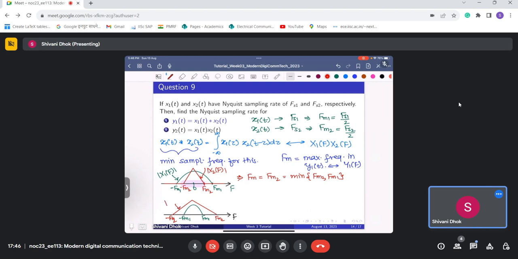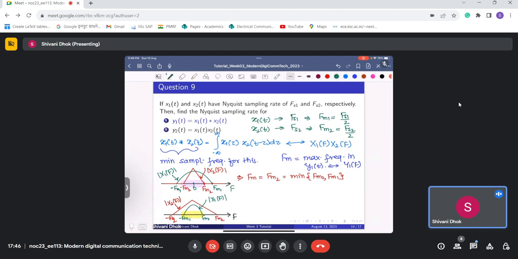This thing is the magnitude of x2(f), and this thing is the magnitude of x1(f). Again, since I have pointwise multiplication, the only frequency range that will survive will be this.